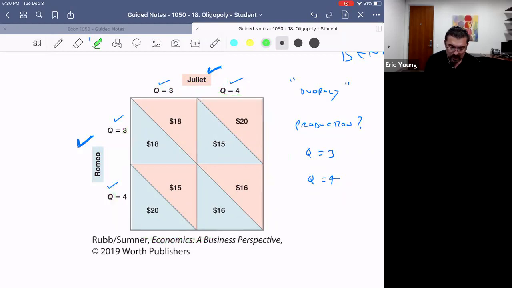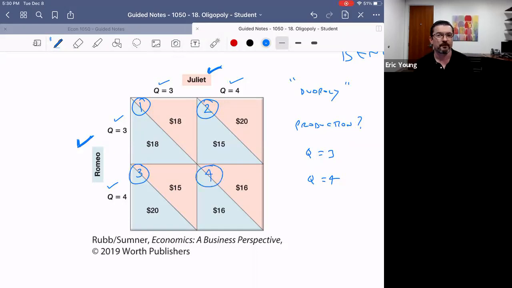And these 4 squares represent the different payoffs, the different benefits that each player will get based on decisions. I like to make this easy by numbering my squares. So let's call this one here box 1, box 2, box 3, and box 4.